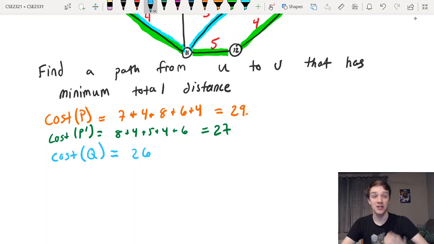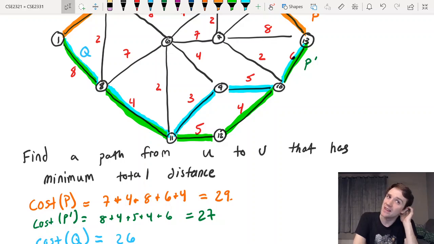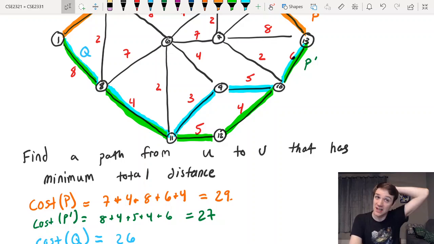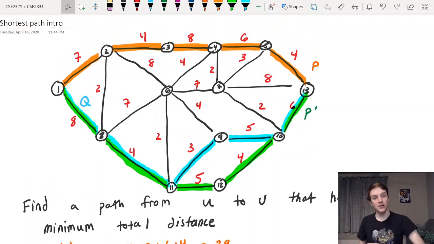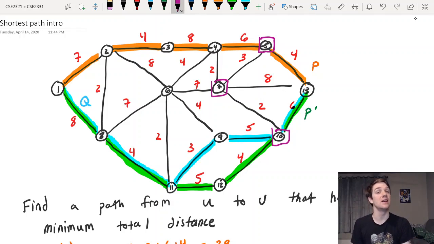Is that the minimum? It turns out it is, but verifying that seems rather difficult. So what can we do to try and verify this? Maybe if we sat there and thought about it for a while, we'd think about something else. What if I knew the minimum path to each of these vertices, the ones I blocked in purple?